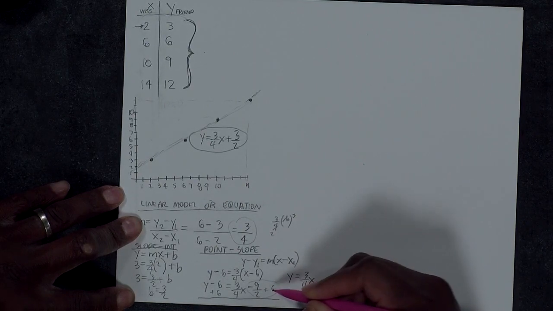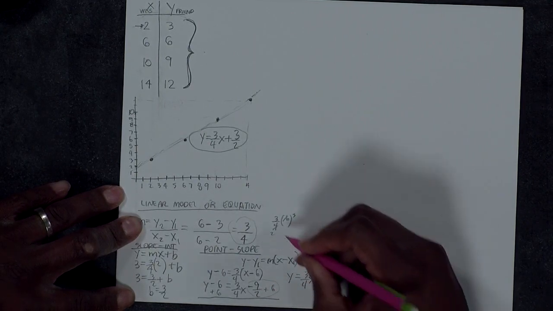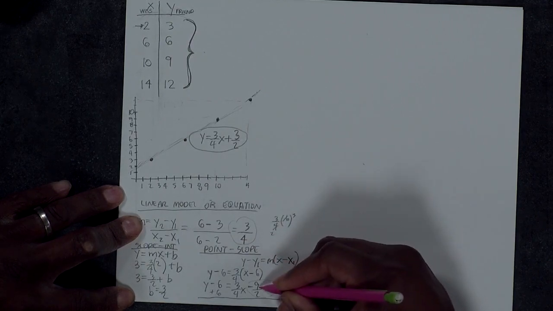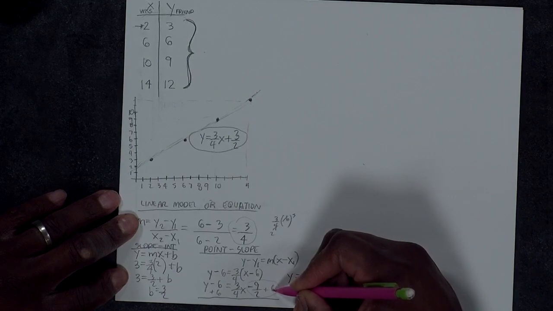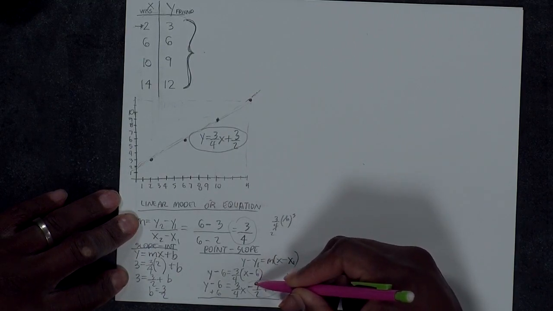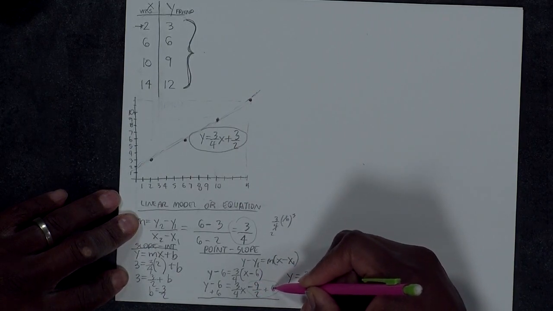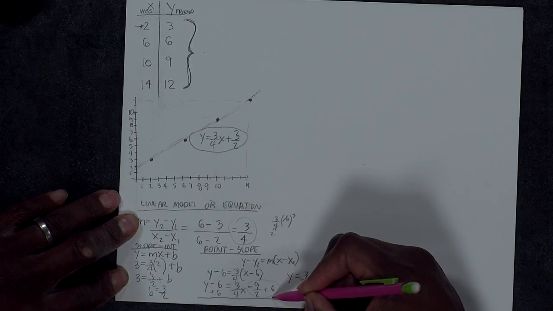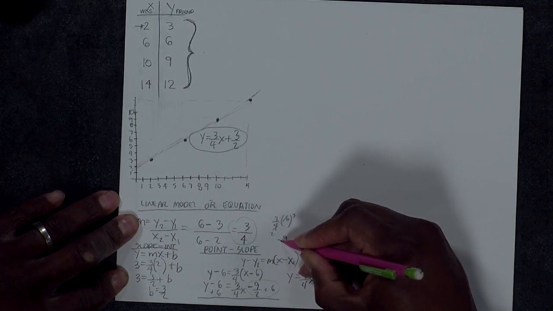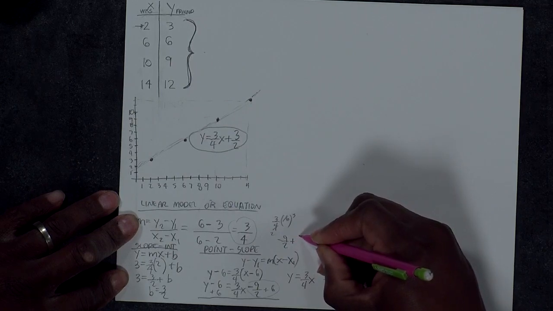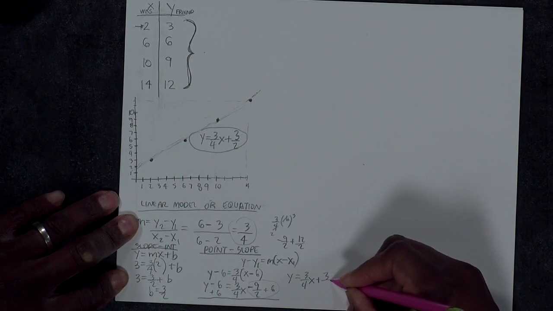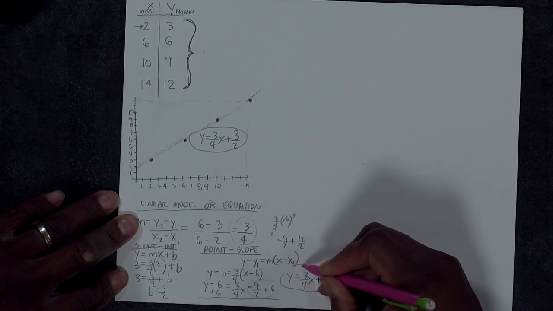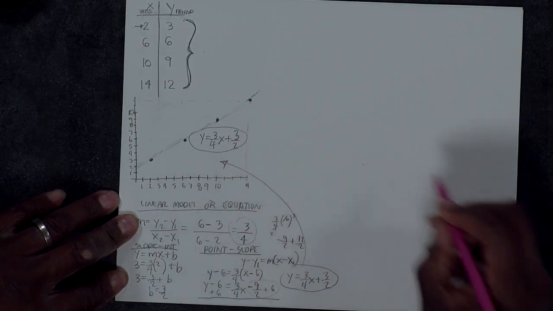Another way to say 6 is 12/2. I think I said 3/2, I didn't mean to say that. You have negative 9/2 plus 12/2, which is 3/2, which is the same thing that we got here.